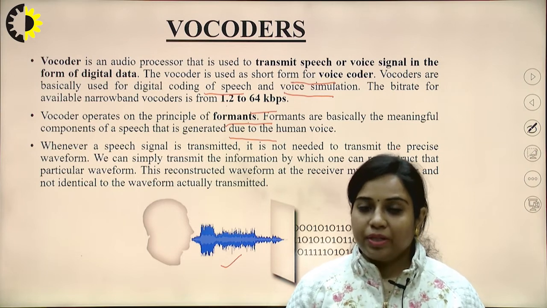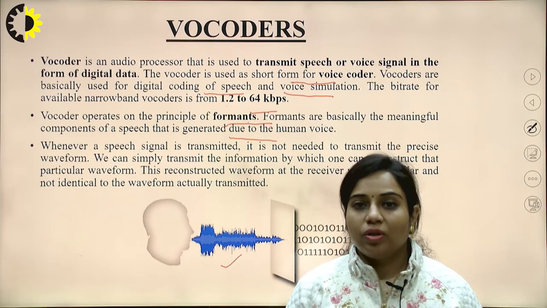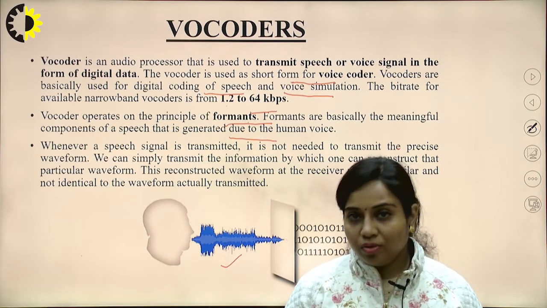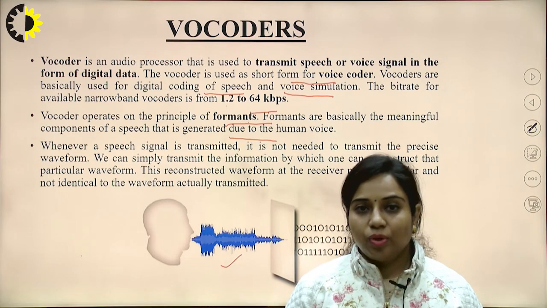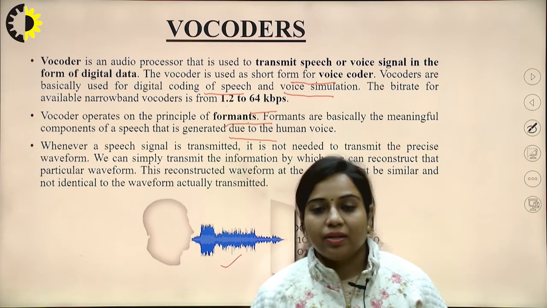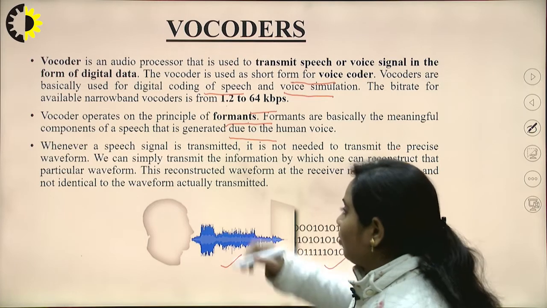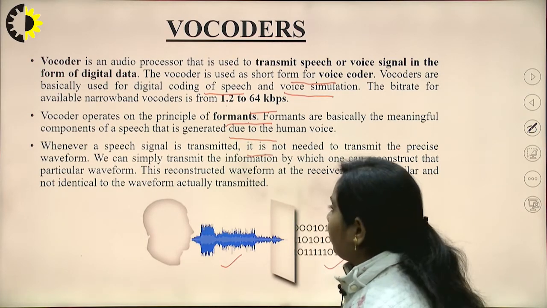Depending on the sound produced from your vocal cords, from the vibration of the cords, and from the mouth directly, your speech signal is divided into two categories, voiced and unvoiced signals. Now whenever a speech signal is transmitted, it is not needed to transmit the precise waveform.